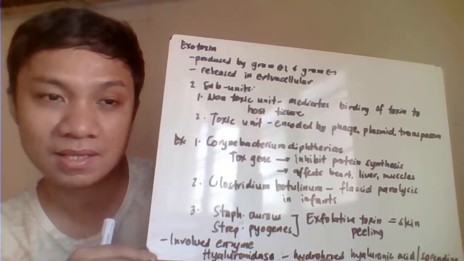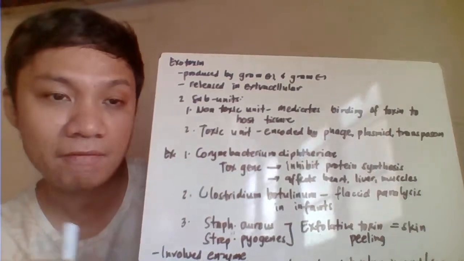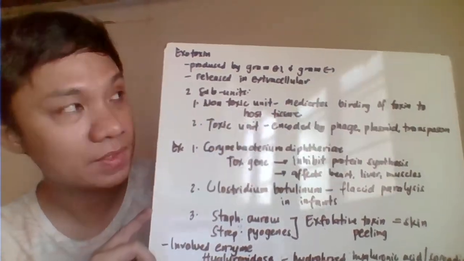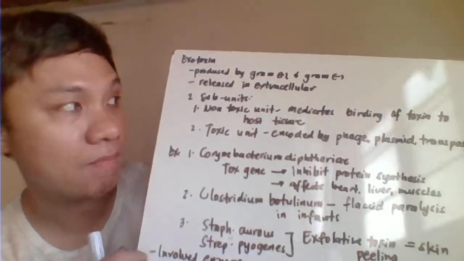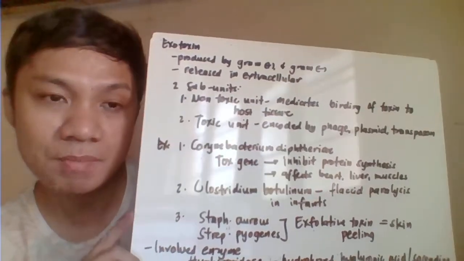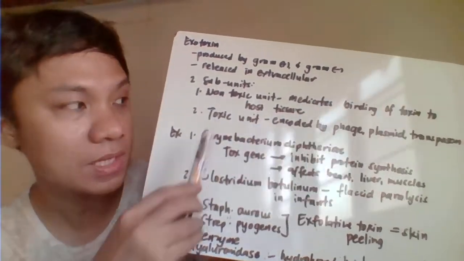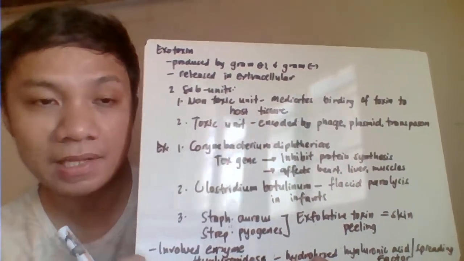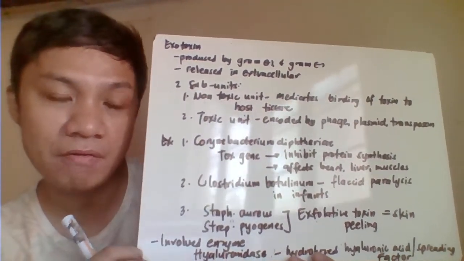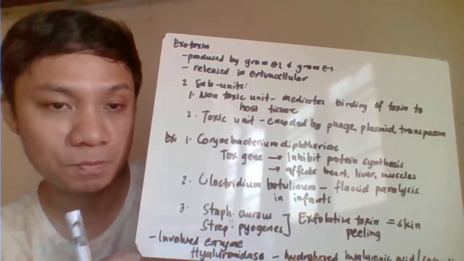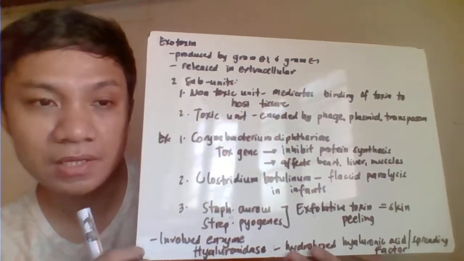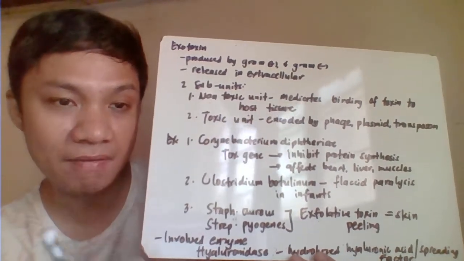This is not built inside the body of your bacteria, but rather is a toxin released by your bacteria to the extracellular environment. Your exotoxin is made up of two subunits. One unit is the non-toxic subunit, responsible for allowing the exotoxin to bind to your host tissue. And the toxic unit, on the other hand, is responsible for the toxic effect.